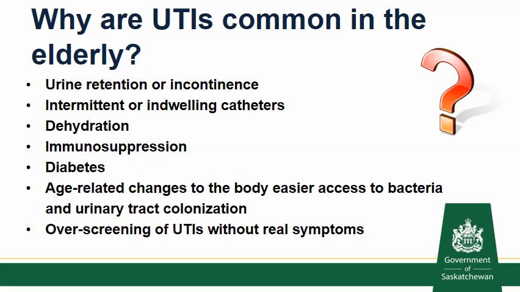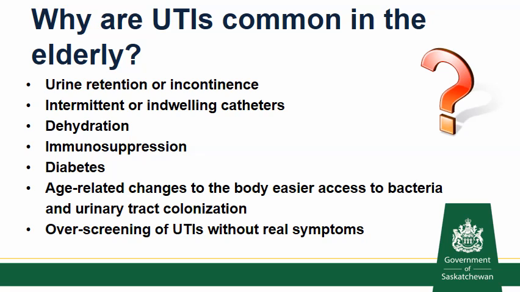Being on immunosuppressive drugs or having diabetes changes how your body copes with bacteria. Changes like a prolapse or loosening of pelvic muscles or organs in our bodies makes us more susceptible to infection.